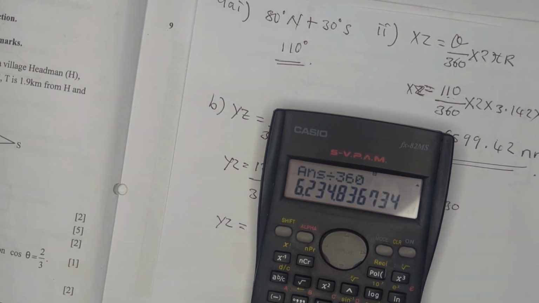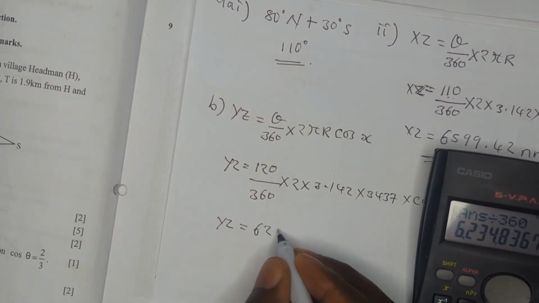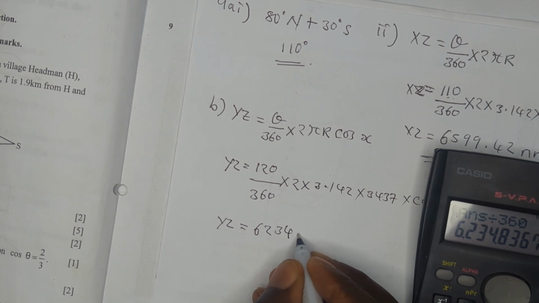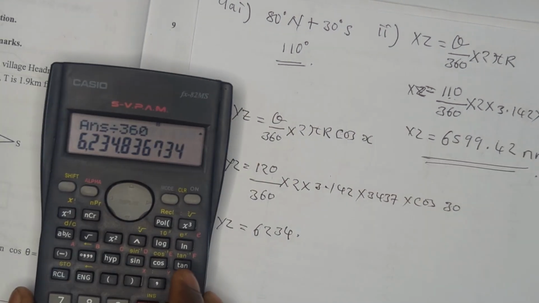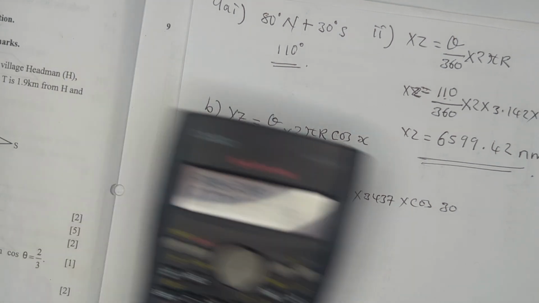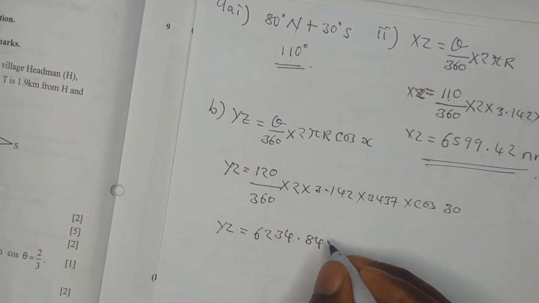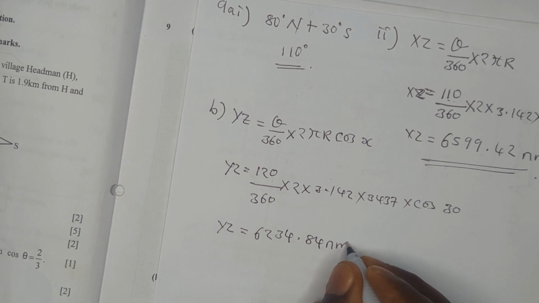This is the answer, 6234.84 if we round it to 2 decimal places. The SI unit we put is Newton per mole.